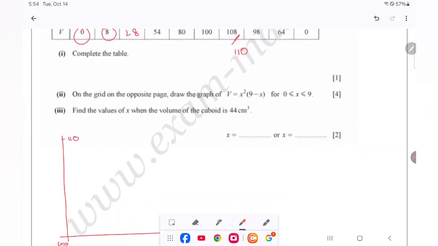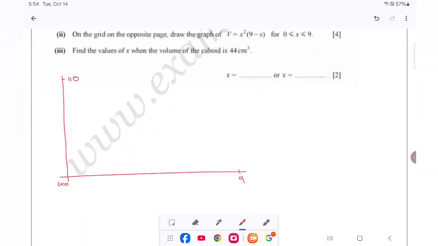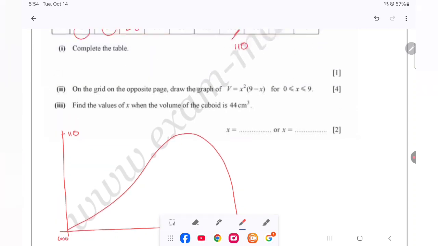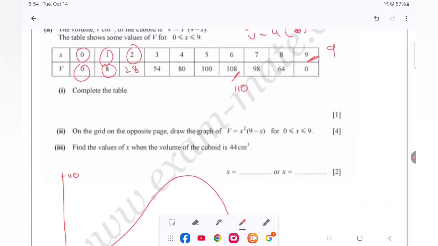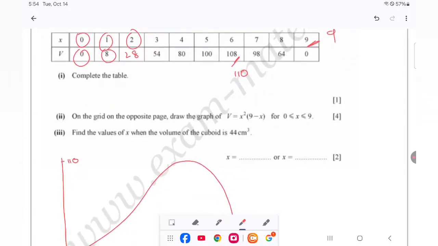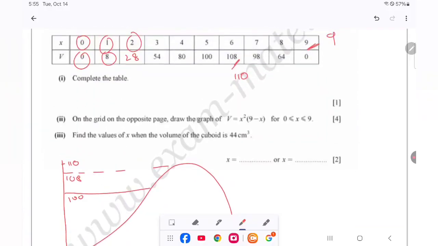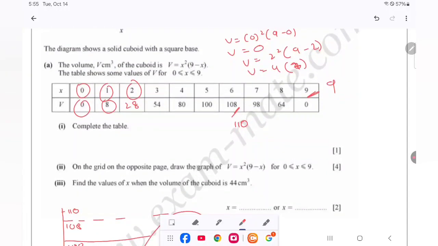A graph something like this will be formed. When we put all the points, like 110, this is our 108, 100, like that.